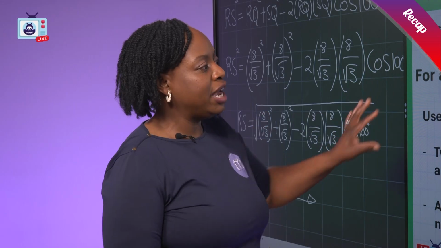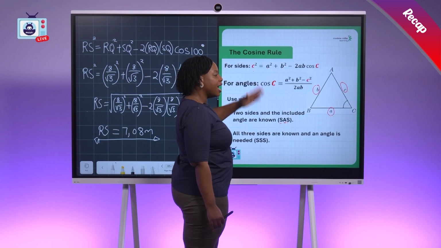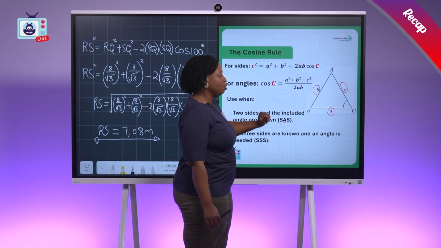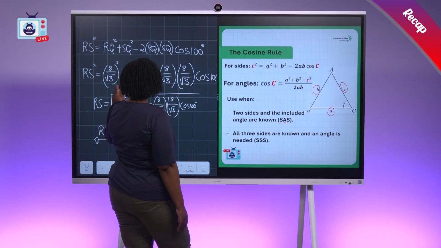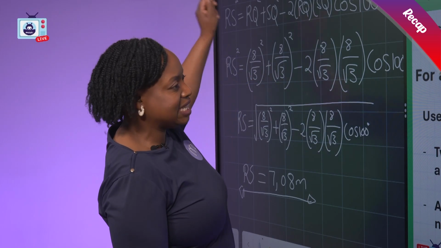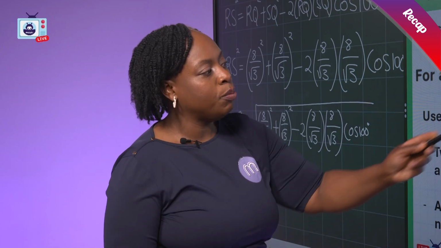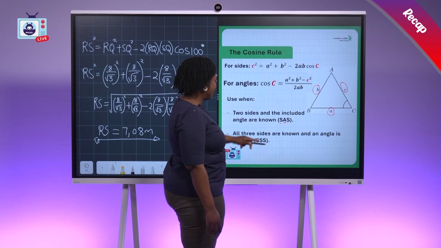So when that happens, you can manipulate your formula to look like this, where you have the cos C at the beginning and equals to the manipulation of your side. So it will be a squared plus b squared minus c squared. Then you divide it all by 2ab. So that's how you're going to do it if you are given 3 sides.